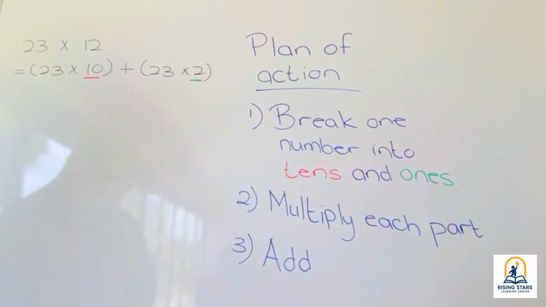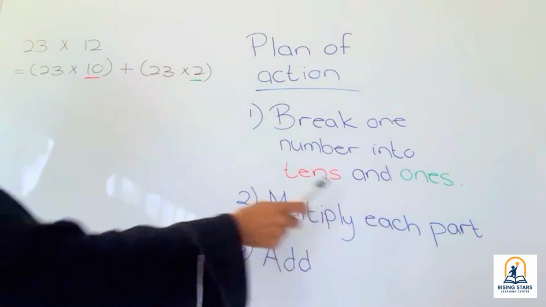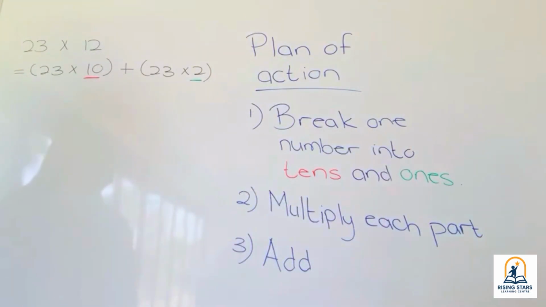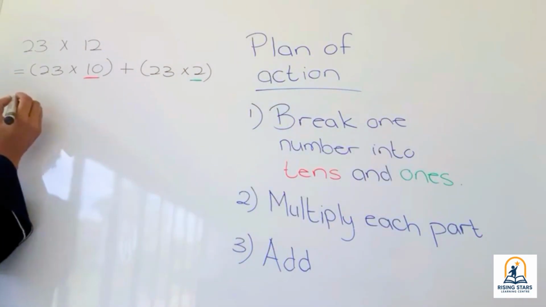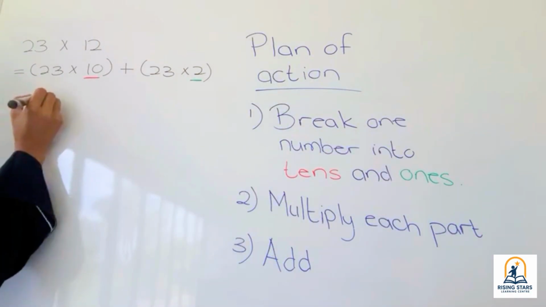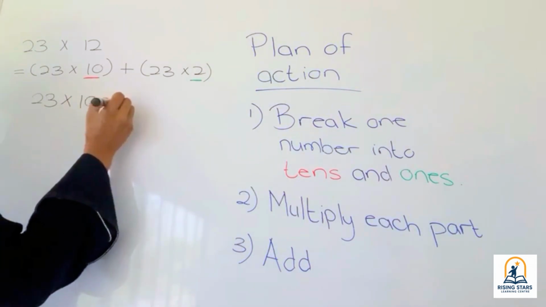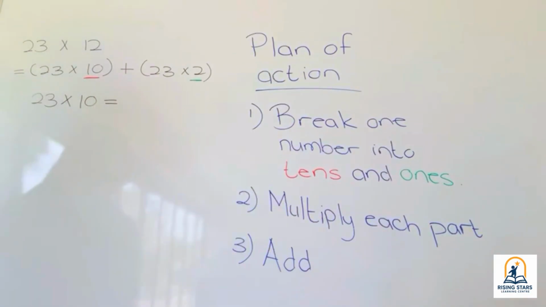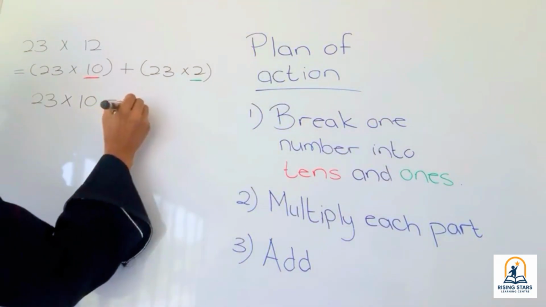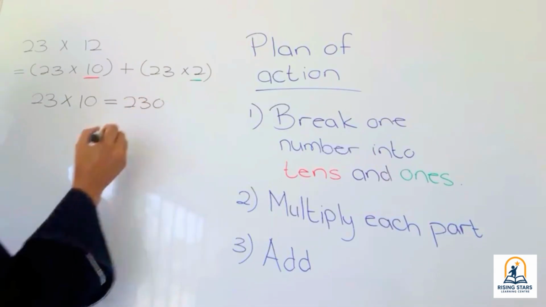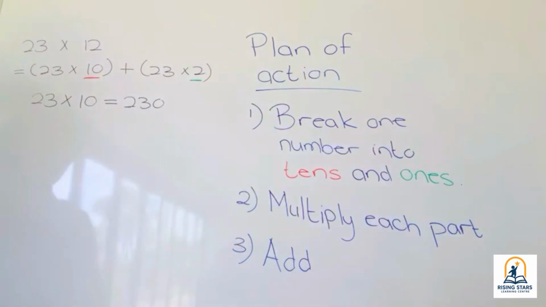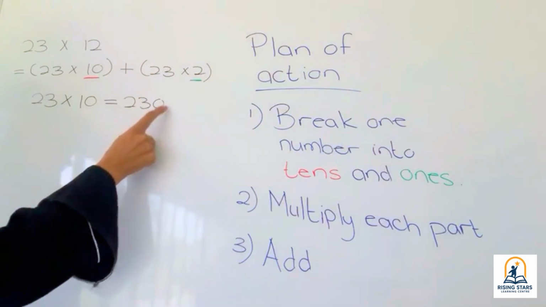What does step 2 say? Step 2 says that we need to multiply each part. Okay, so let's multiply each part. 23 times 10 is how much? 23 times 10 is 230. Whenever we multiply by 10, we just have to add a 0.